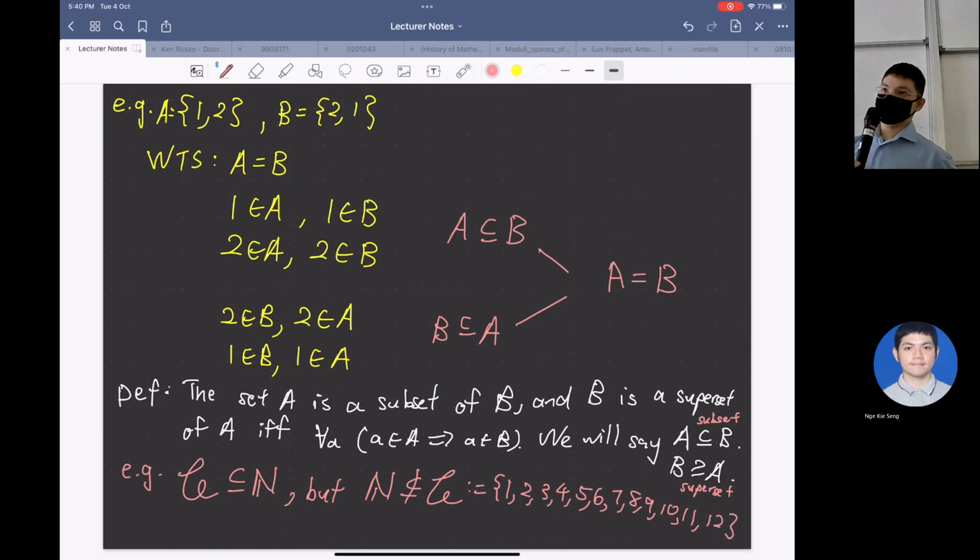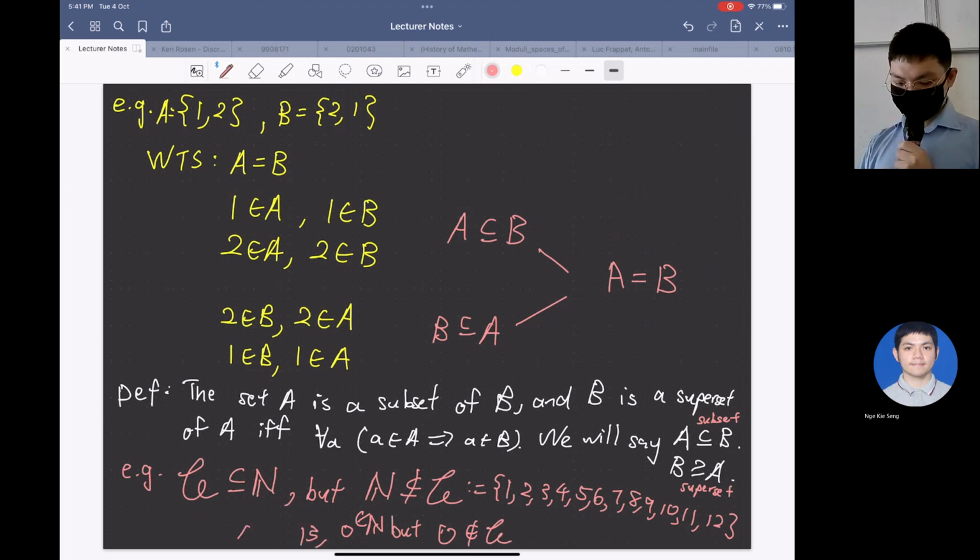Why is the natural numbers not a subset of the clock numbers? 0. Yes, 0 is in n, but 0 is not in the clock numbers. Or 13, 100 also works.